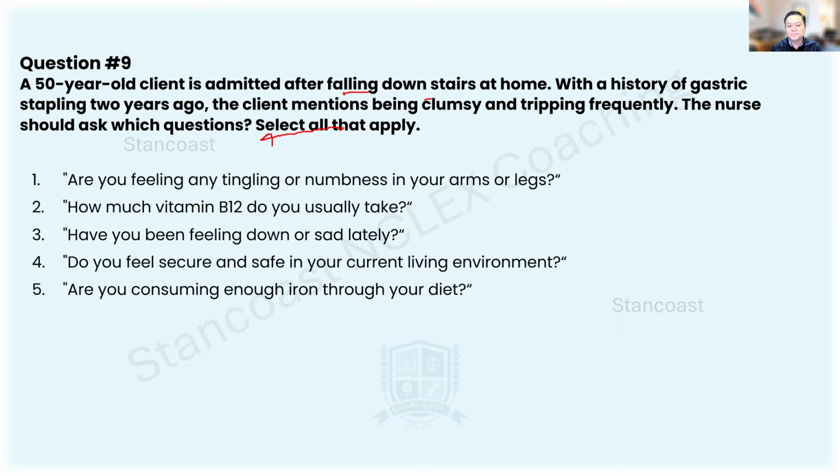What do you think, guys? What do you think are the correct answers?